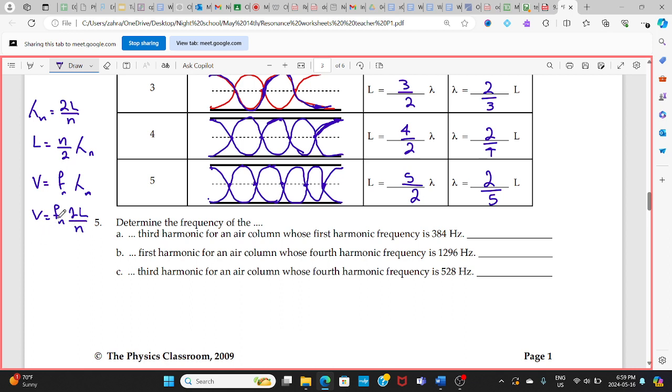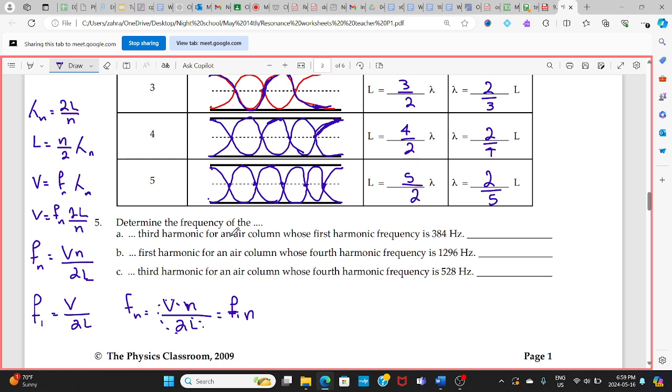And then I'm gonna just solve for f of n. f of n is equal to velocity multiplied by n divided by 2L, okay? Knowing that f of 1 is gonna be v multiplied by 1 divided by 2L. Now knowing that f of n is vn over 2L, this would be my first harmonic, right? Now, f of n is going to be first harmonic multiplied by n.